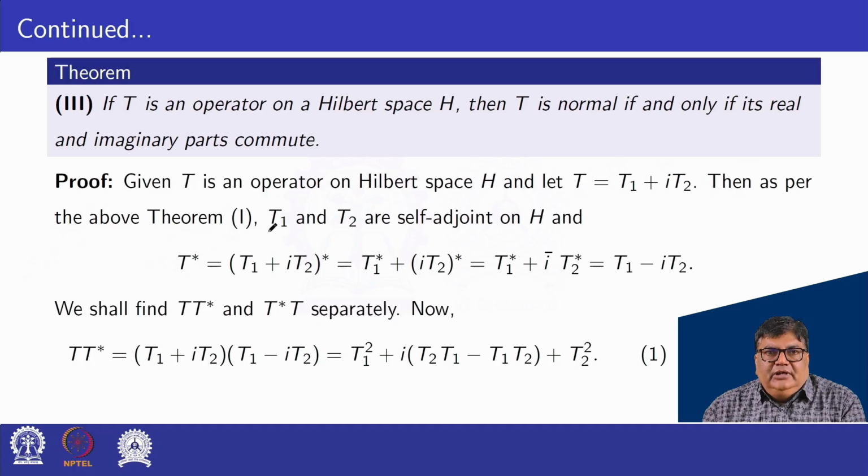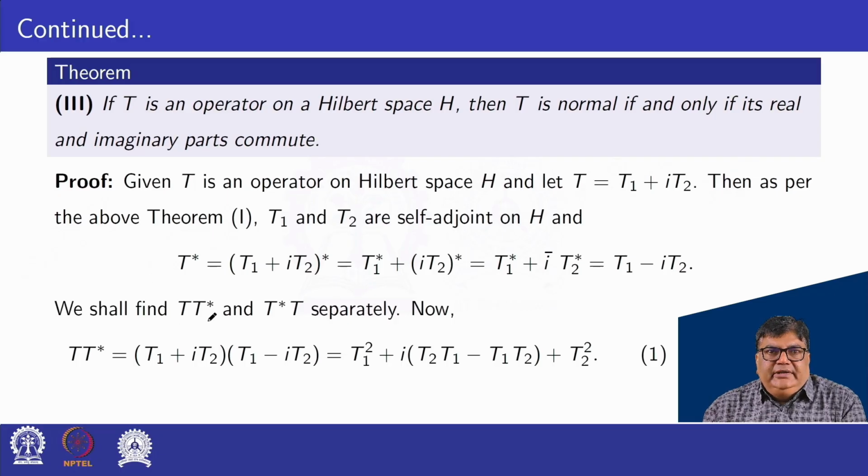Then as per the above theorem 1, T1 and T2 are self-adjoint on H. Then T star is equal to star of T1 plus i T2. So solving as in theorem 1, we get T1 minus i T2. Therefore, if T is equal to T1 plus i T2, then T star is equal to T1 minus i T2.